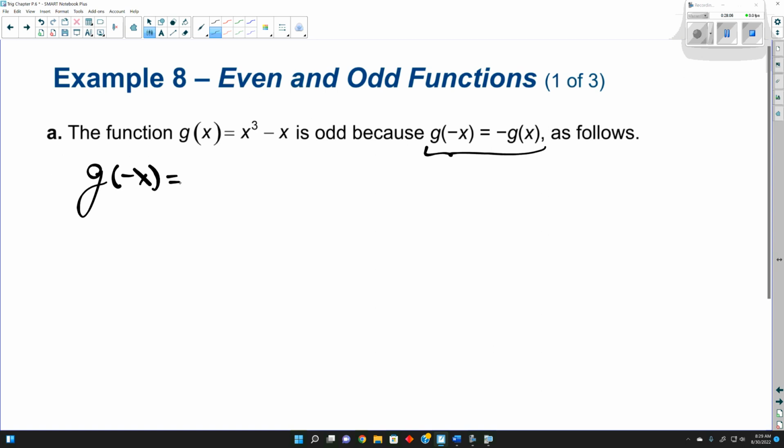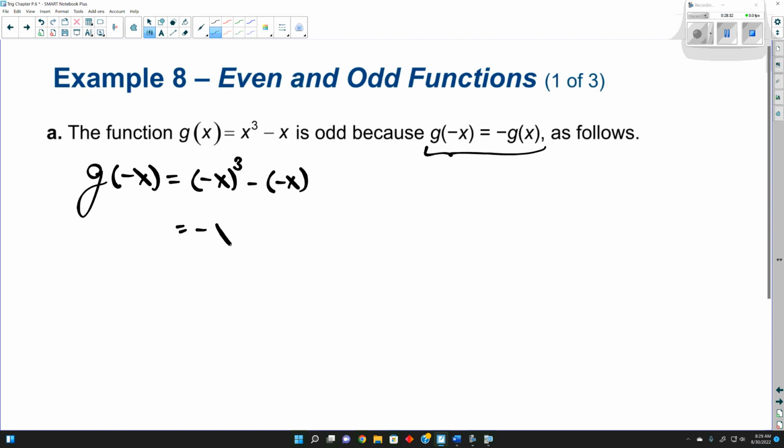So that means instead of having x cubed, we have negative x cubed minus negative x. We just replace the two x's with negative x. Now, negative x cubed, a negative times a negative times a negative, multiplied by itself 3 times, is still negative.